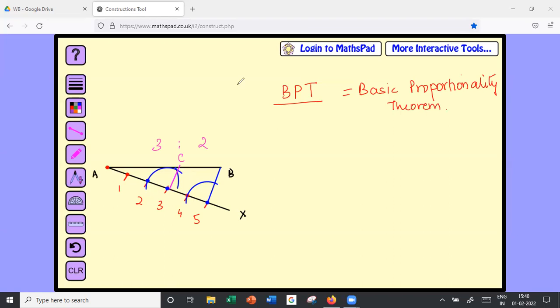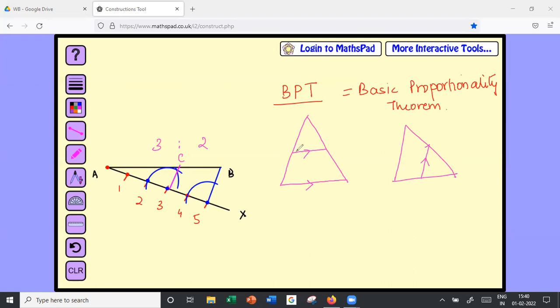I'll draw one figure here. Maybe you'll remember then. It basically says that if a line is drawn parallel to any one side of the triangle, it could be something like this also. I could draw it parallel to this side as well, or the third side. You can try it on your own.